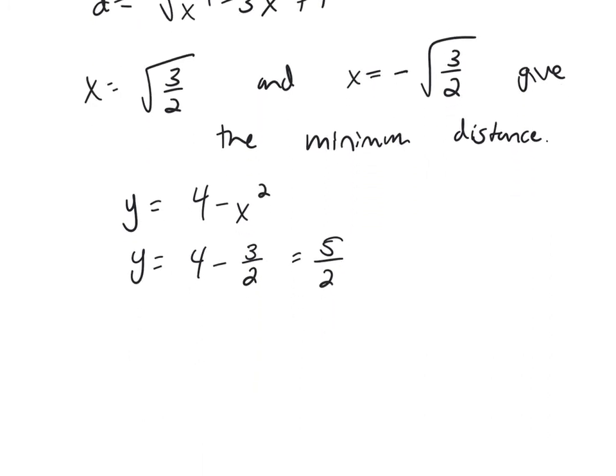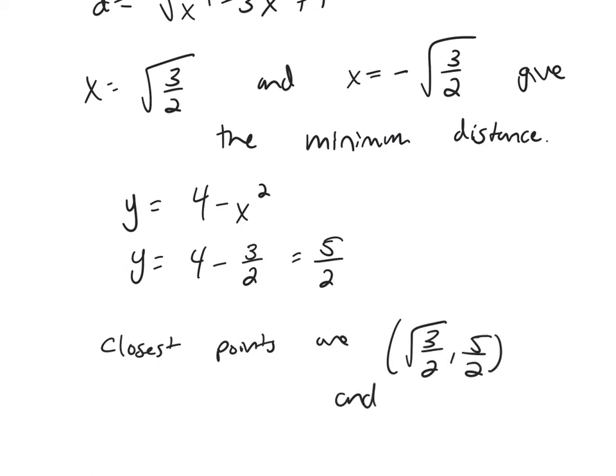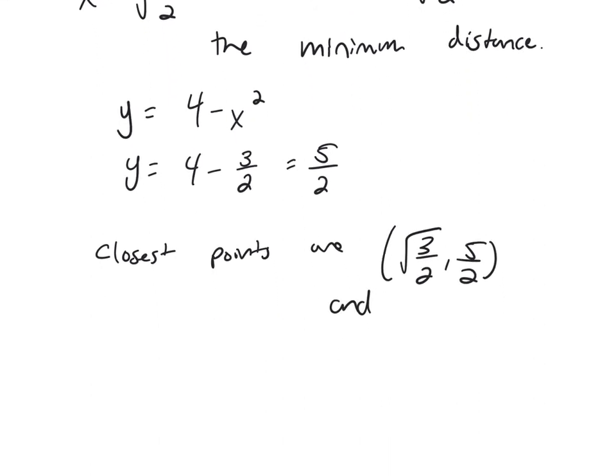So the 2 points that are the closest points are square root of 3 over 2, 5 halves, and negative square root 3 over 2, 5 halves. So these are the 2 points that are closest to that point, 0, 2.